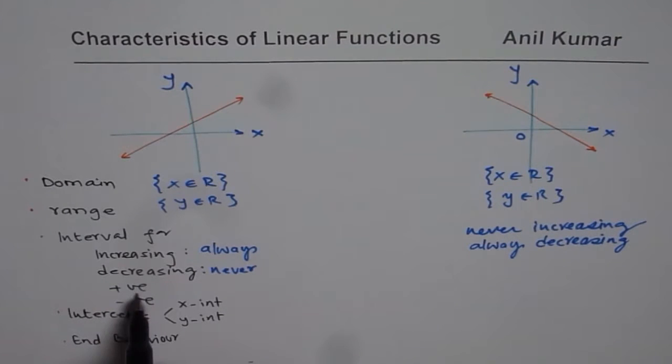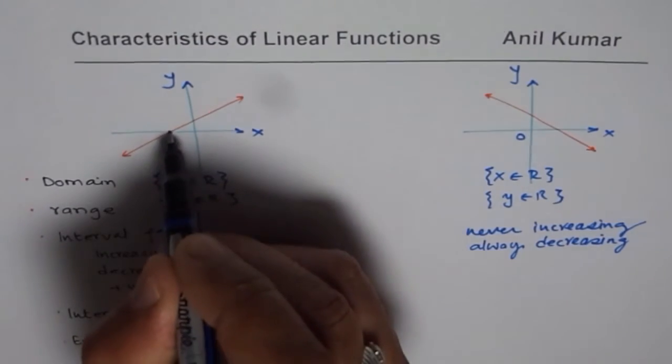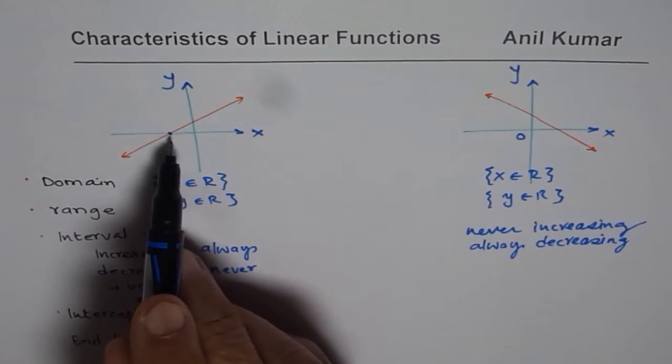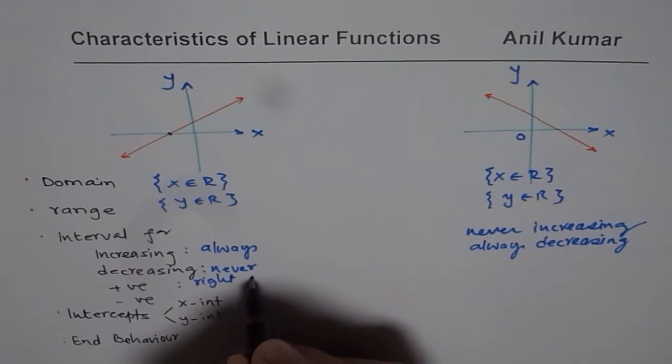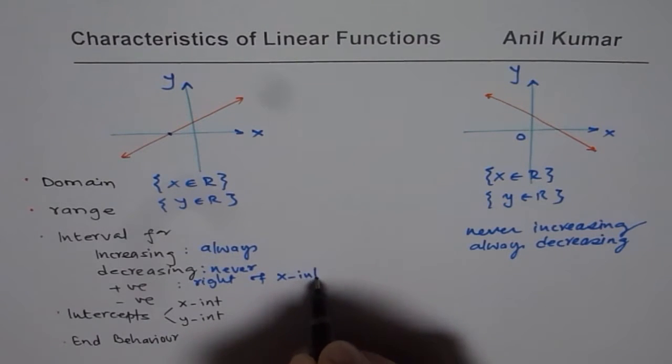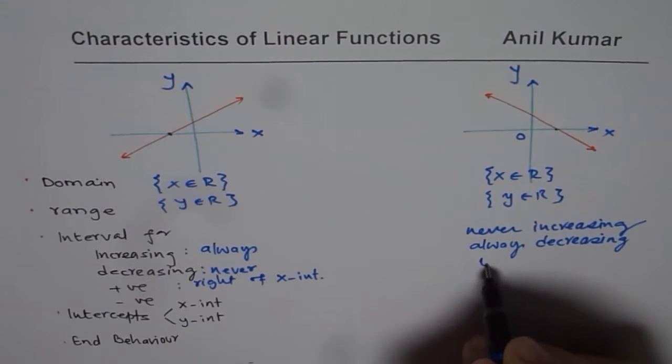Now, when is it positive and when is it negative? In the first case, for the line to be positive, we can see it is on the right side of the x-intercept. In this case, it is on the left side of the x-intercept.